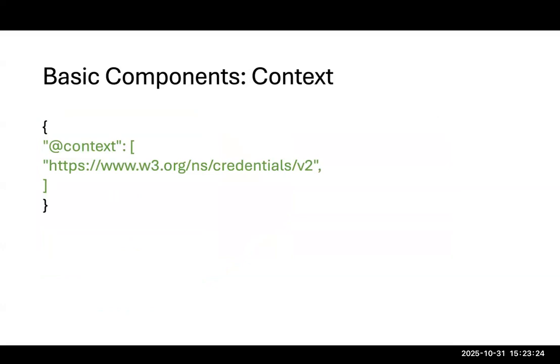Again, the context, that is essentially the vocabulary that both peers know to understand each other. For verifiable credentials, today the reference is still the Verifiable Credentials specification version 2.0.